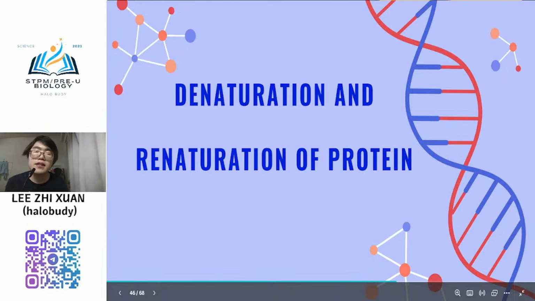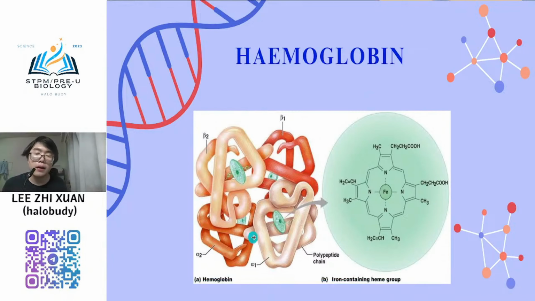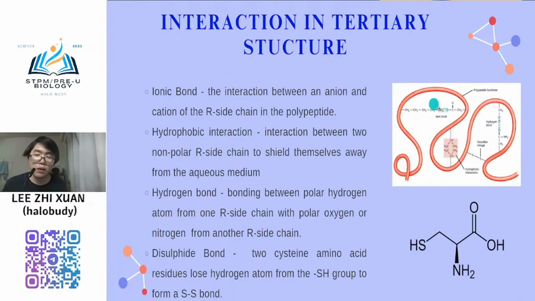It is not just hydrolysis. Hydrolysis is just breaking down the peptide bond, and breaking the peptide bond is not easy. But if you want to break down the 3D structure of the protein, like this, it's very easy.